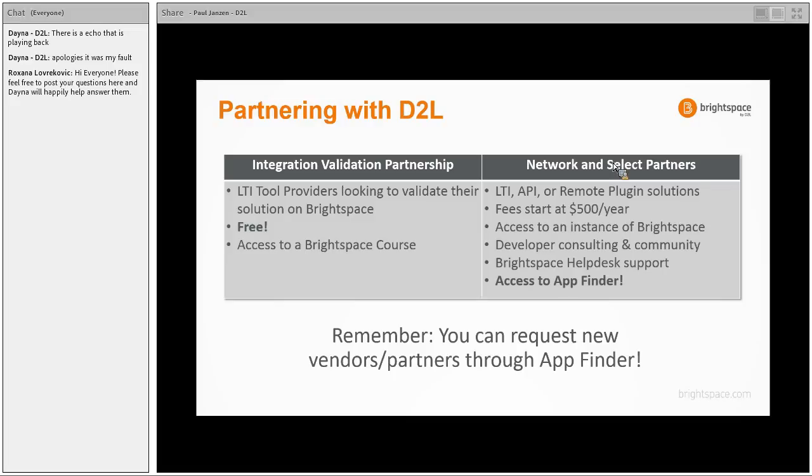They get their full Brightspace instance that they can develop and test and use for their own purposes. And lastly, they get access to App Finder. So as soon as they've proven to us that their solution works and they understand how to integrate with Brightspace, we help these partners create their App Finder listings. So then again, we have a one-stop shop of all these integrations for you, our customers.